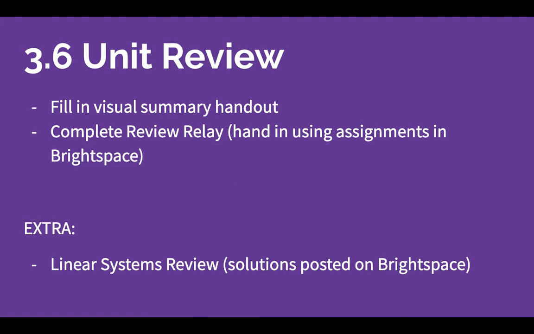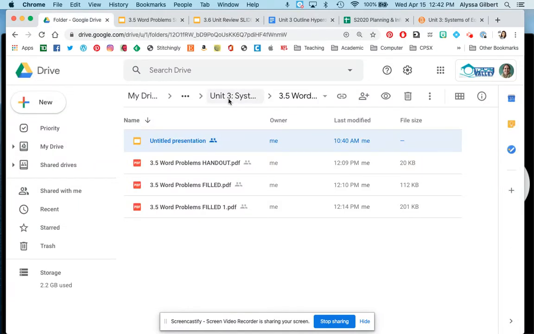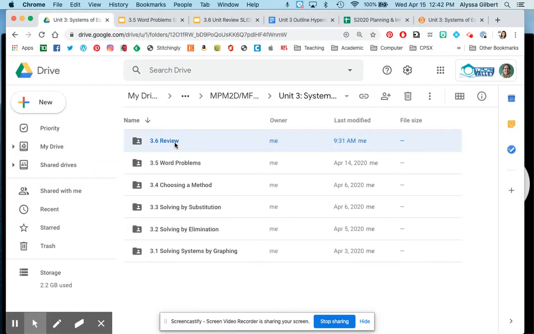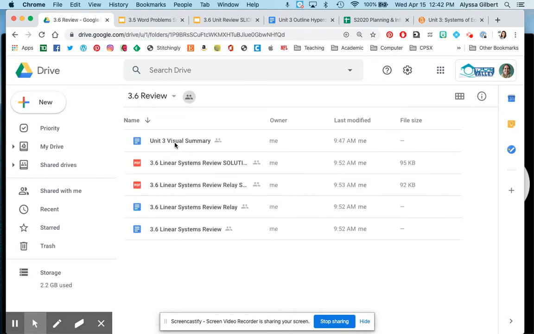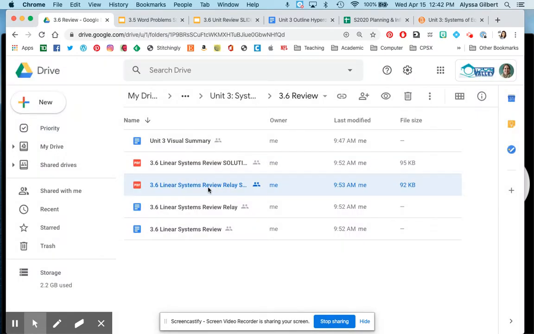Once you are done your visual summary review handout, then you're going to complete the review relay. That's going to be an assignment on Brightspace. Okay, so I'll show you what it looks like quickly. So the review relay.